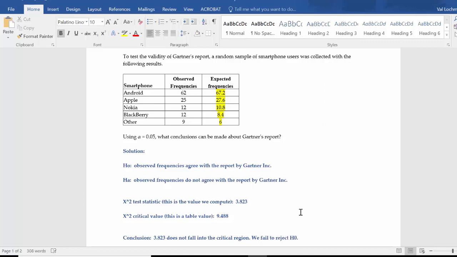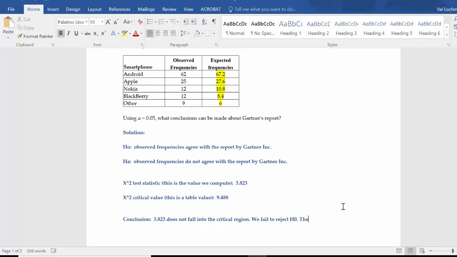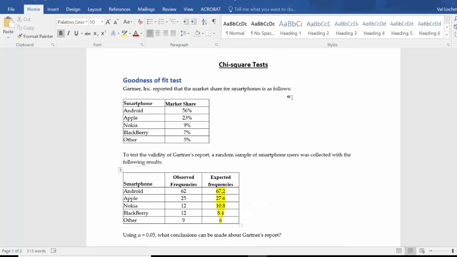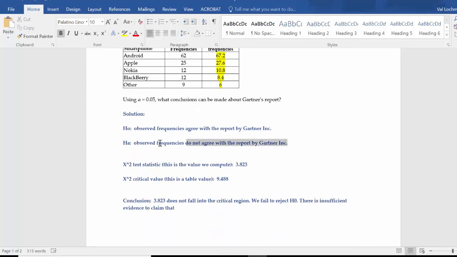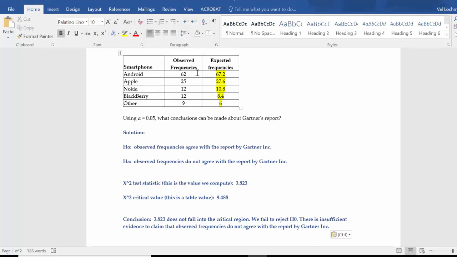Then our last line would say there is insufficient evidence to claim that observed frequencies do not agree with the report, which means our observed frequencies are not different enough from the expected.